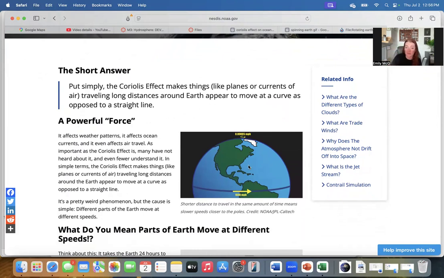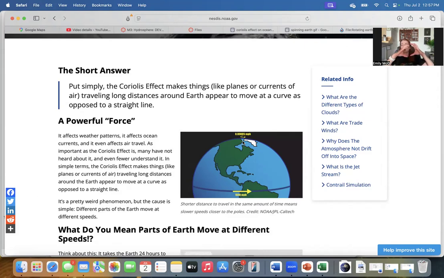The equator moves just a little bit faster, because it has to get from one point back to the same point over a much larger distance, a much larger circumference than, say, a spot on the pole. The pole circumference up here is much smaller, right?